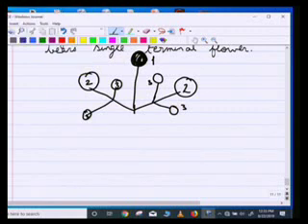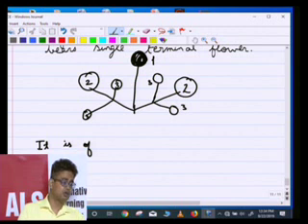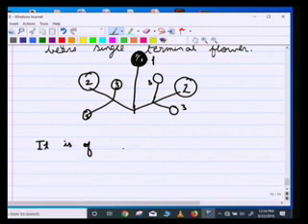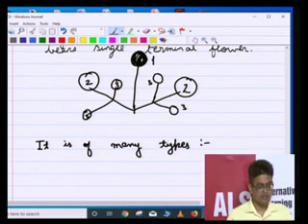Now monochasial cyme is also of many types. It is of 3 types actually, but I will teach you only 2 here. The easiest ones to understand, which are given in your NCERT also.